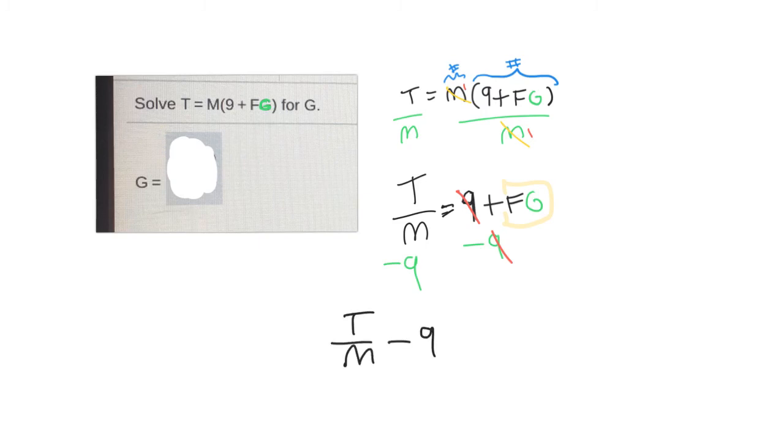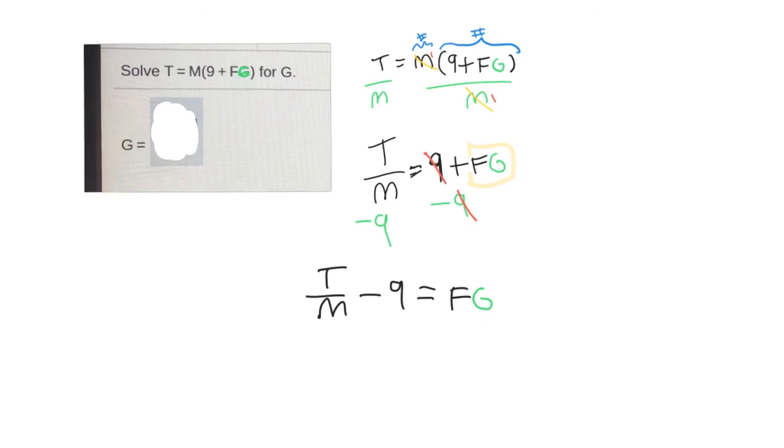That's important because it's just this fraction minus a 9, so we just wrote that. Then that equals, well, what is left over here? fg is left over. So now we still want to get g by itself. And then the question is, what's in the way of g being by itself?